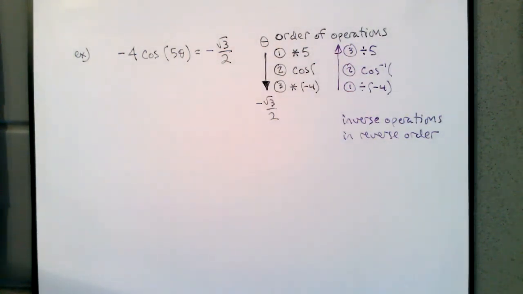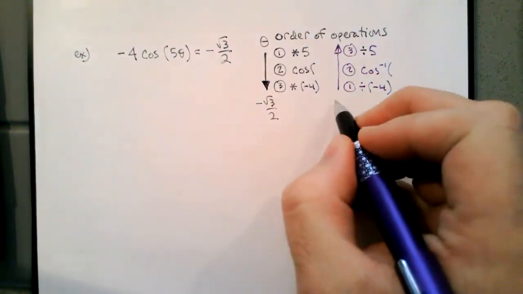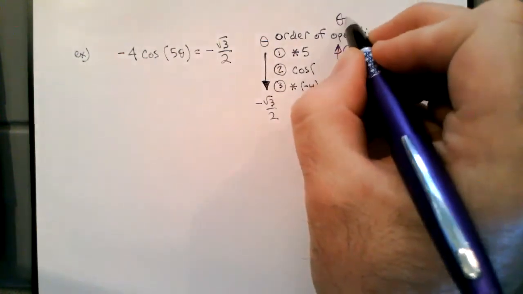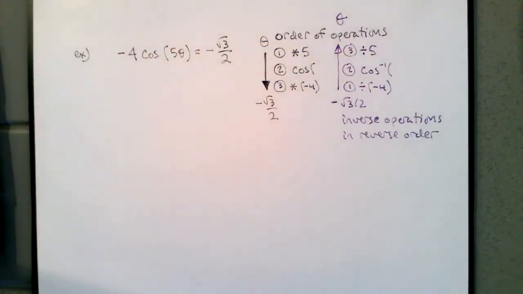And that'll take a negative root 3 over 2 and turn it back into a theta. Inverse operations in reverse order. So that tells us what we should do to both sides of the equation and what order we need to do those things.